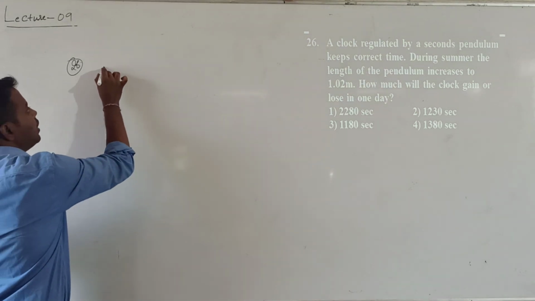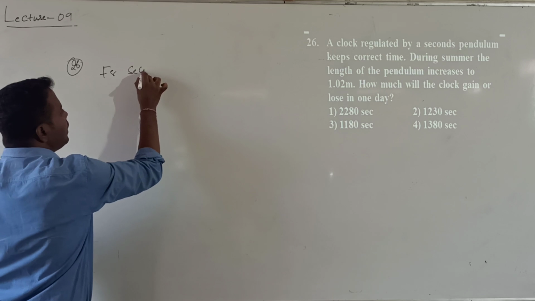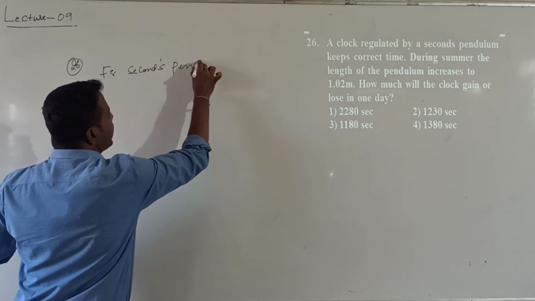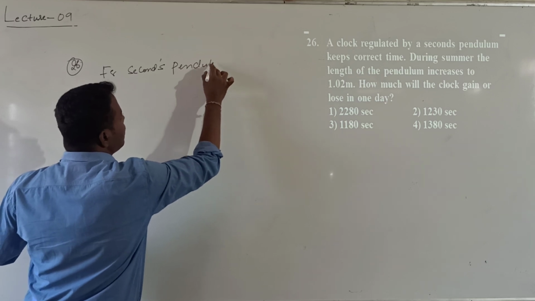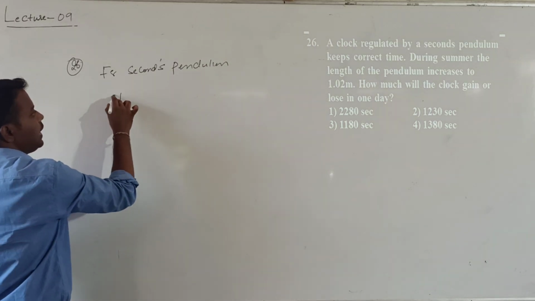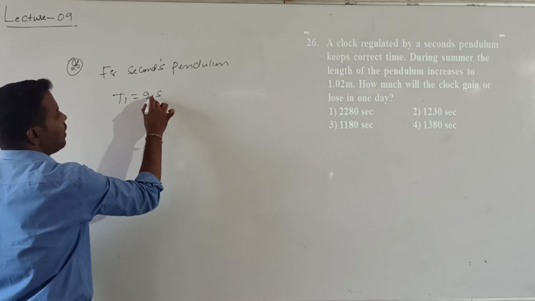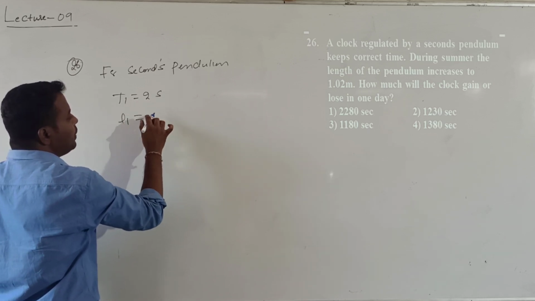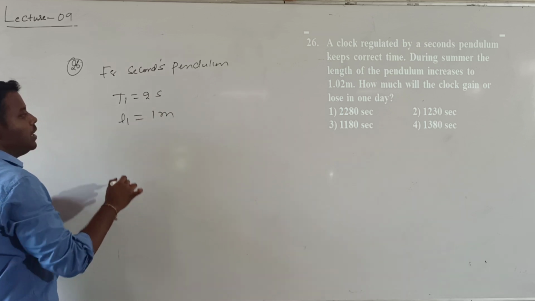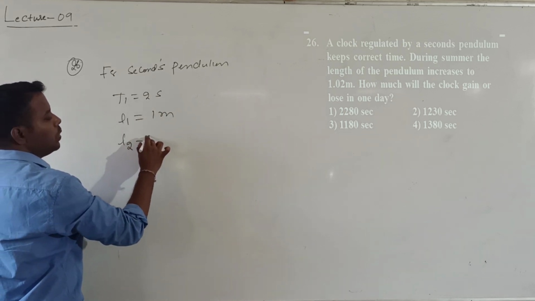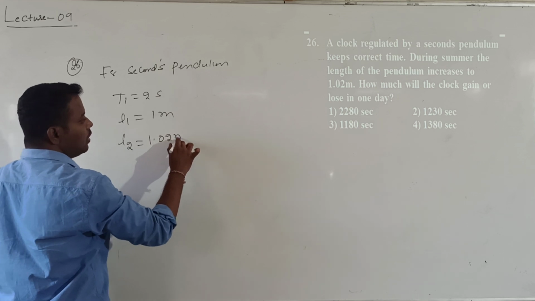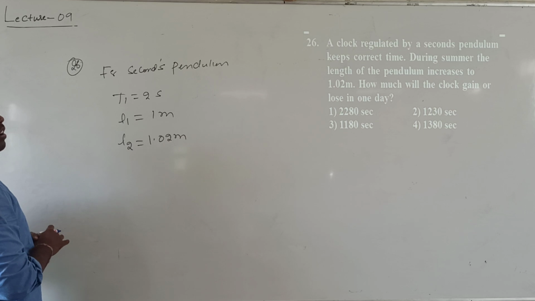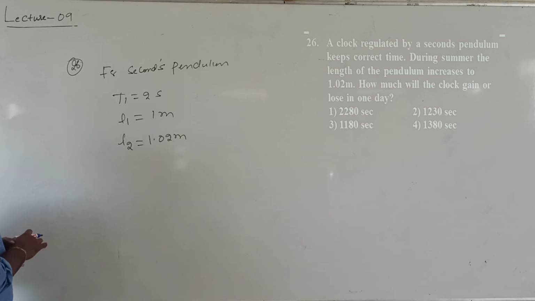That is for the seconds pendulum. So you know that the seconds pendulum time period value is 2 seconds. T1 value is 2 seconds. And its length value, you already know, is 100 centimeters or 1 meter. During summer, the length value increases to 1.02 meters. Now they are asking how much the clock will gain or lose in 1 day.